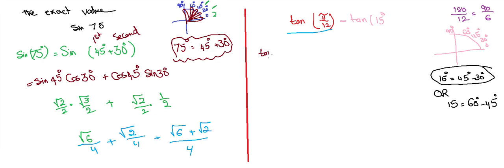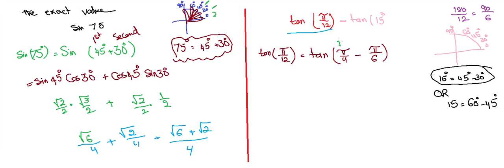So I'm going to write here tan of pi over 12. What is 45? It's pi over 4, for example. Minus 30, which is pi over 6 here. The rule says what?